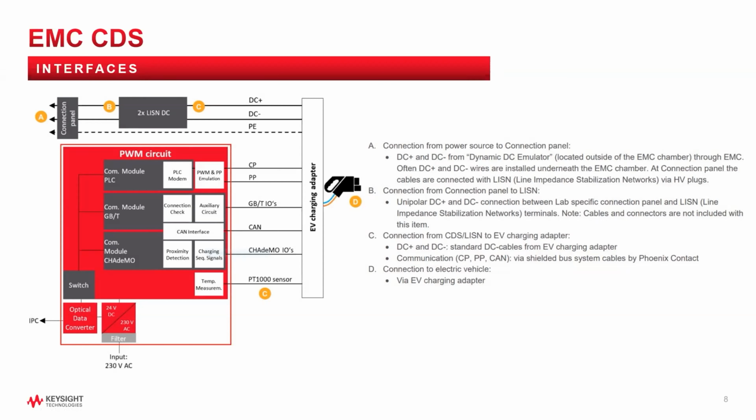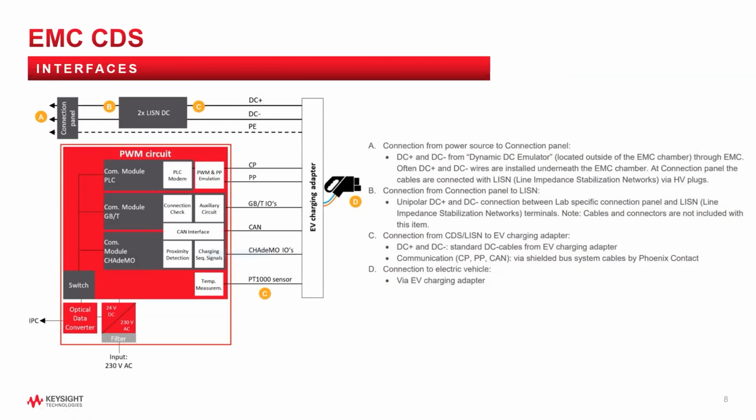Next, those same DC power lines go through what is known as a line impedance stabilization network, an LISN, to the adapter, which is directly connected to the EMC CDS unit itself.